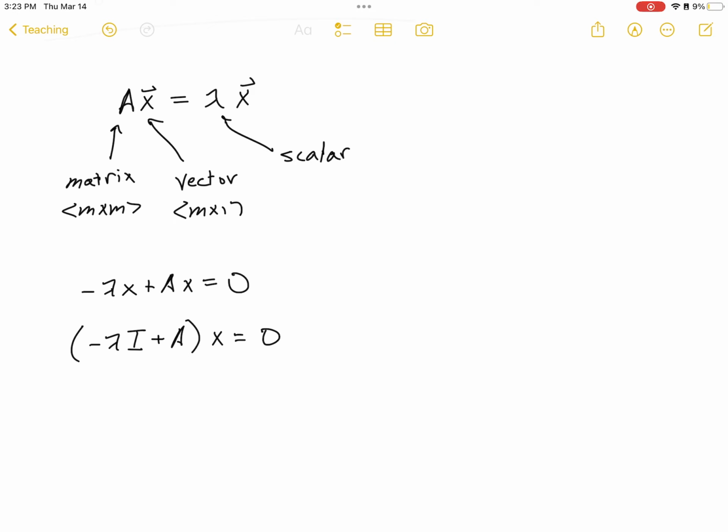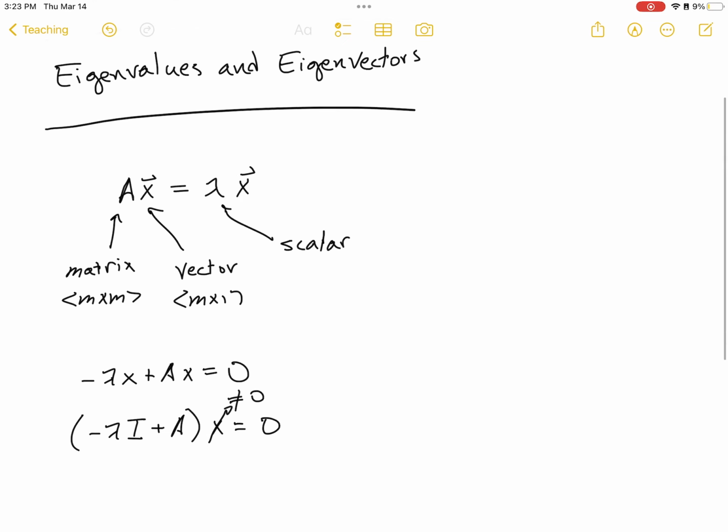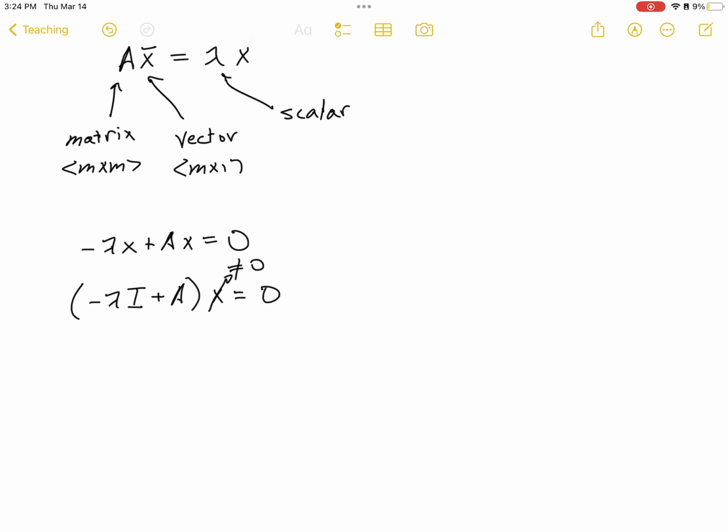And so we're going to say that x is not equal to 0, it's not equal to the 0 vector. If we have two things multiplied together that equal 0, and one of them's not 0, then the other one is going to be 0. But it's not necessarily that it equals the 0 matrix in linear algebra. What we need to say is that the matrix minus lambda I plus A inverse does not exist.